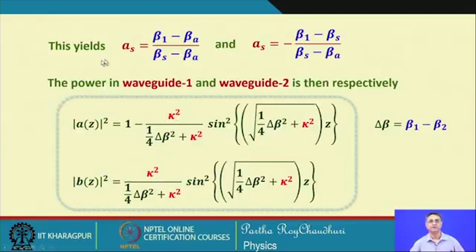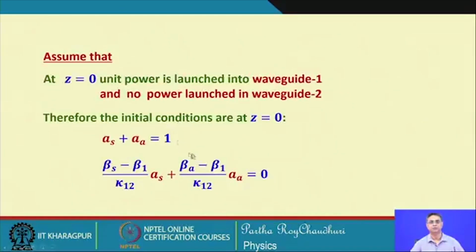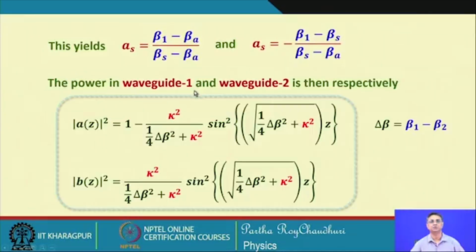So, this yields that A s is equal to this, because if you solve these two equations and eliminate the values, you can calculate A s and A a. You can see that A s equal to this, and this should be A a, there is a mistake, this should be A a, which will be equal to this.